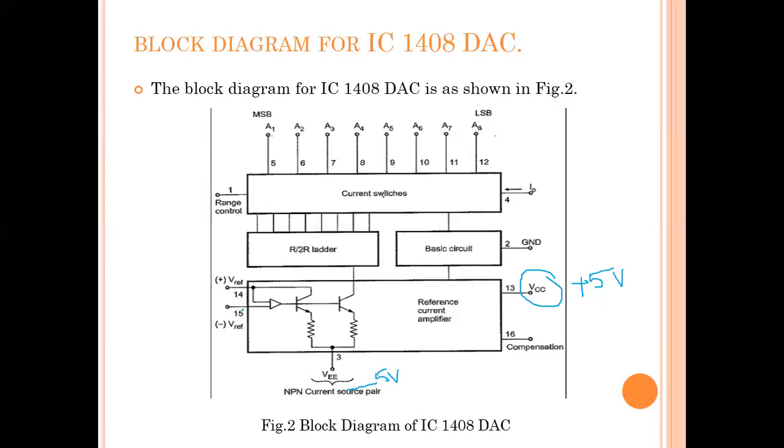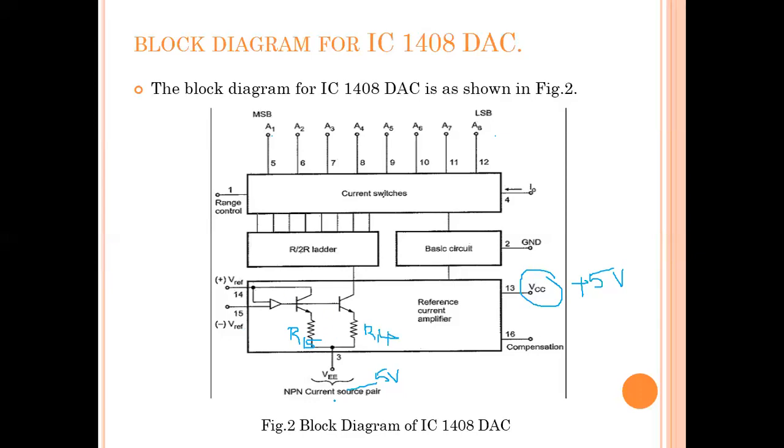The total reference current is determined by using the resistor R14. This is resistor R15 and this is resistor R14.